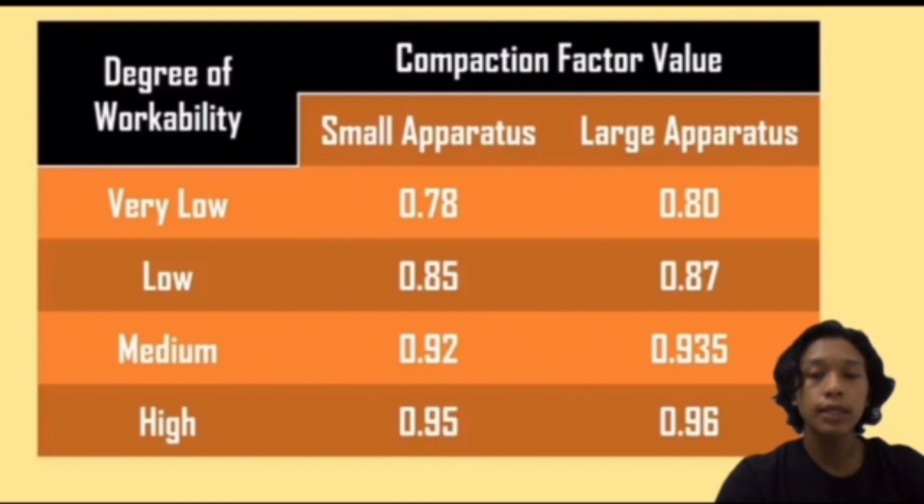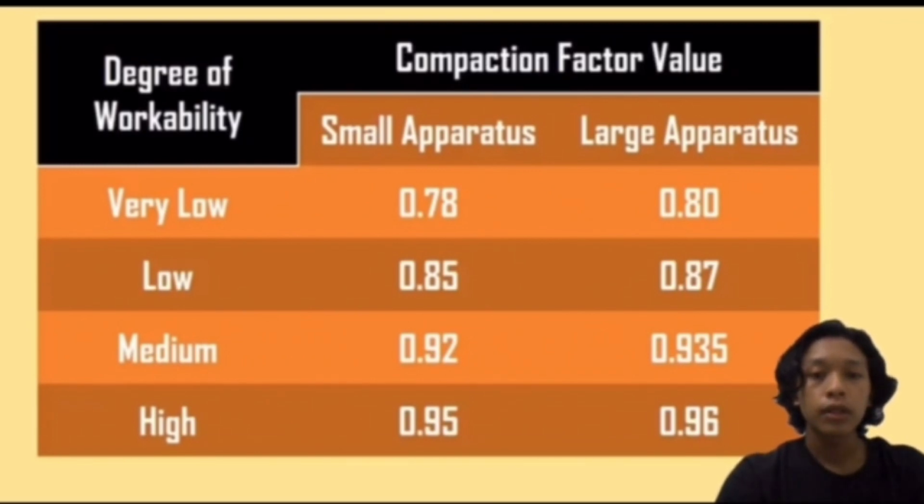Then the compaction factor value and degree of workability are determined with the help of a table. In the table we can see the degree of workability is very low, low, medium and high, and the compaction factor value is divided into small apparatus and large apparatus.